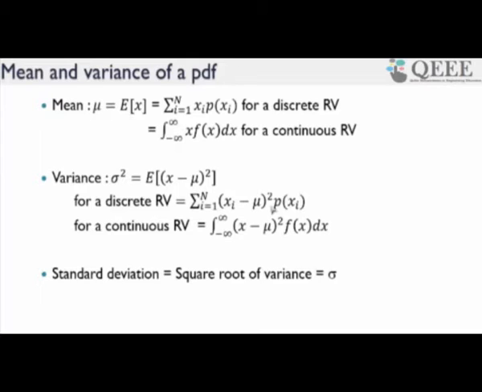One thing you could do is take the average of all the speeds. Let's say if the average is 30 in one case, and in another road the average is 60, then you can say in general the traffic in the second road is much faster than the traffic in the first road. So the mean gives you an intuitive idea of what is happening in general. That's the reason why mean is a very important quantity.